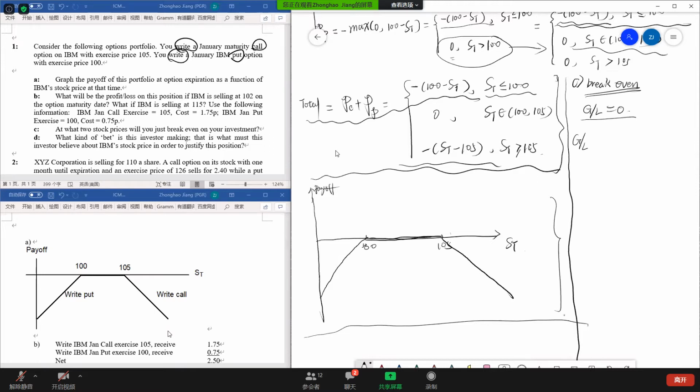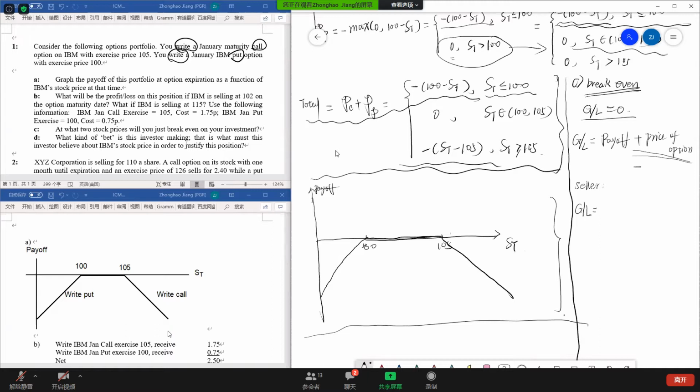The gain or loss is the payoff of the option and the price of the option. If you are the seller, we add the price of the option. If you are the buyer of the option, we subtract the price of the option. So in this question, we are the seller, so the total gain or loss of the portfolio is the payoff plus the price of the option.